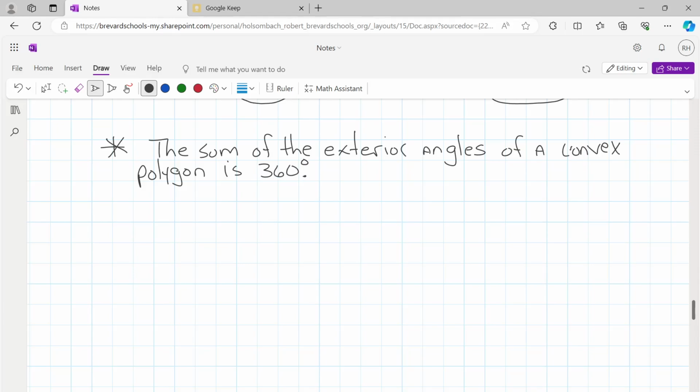Doesn't matter how many sides it has. The sum of the exterior angles of a polygon, one angle at each vertex, it's 360.